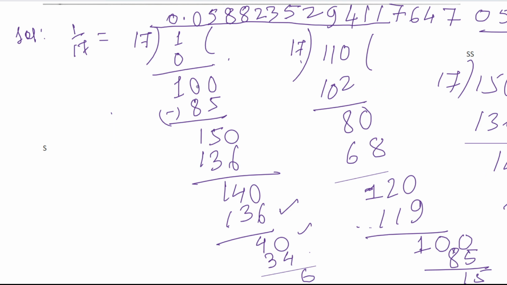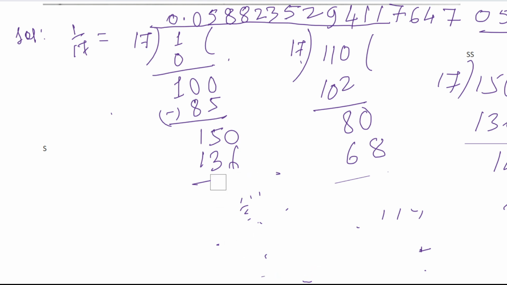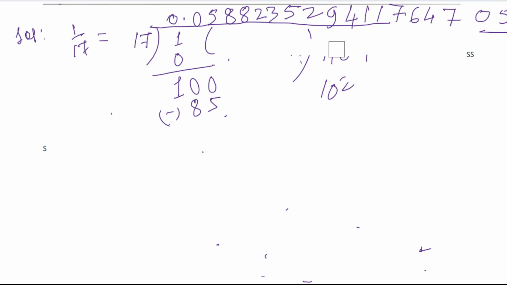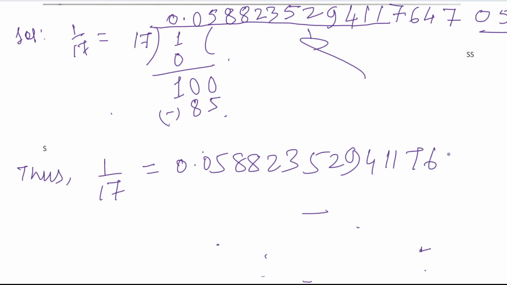So that means what I can write: 1 by 17, if I divide, I'll get 0.0588235294117647.